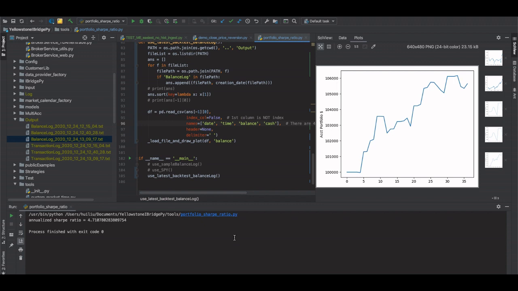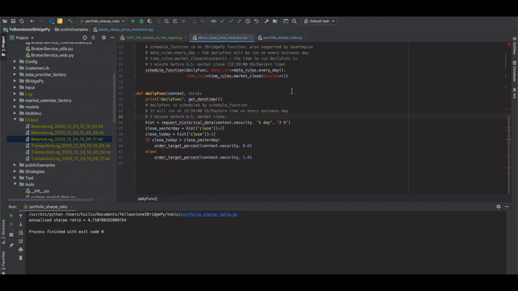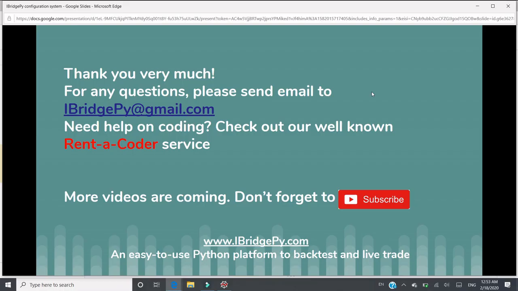Oh, it's pretty good. And in this simulation, in this tool, we also print out the Sharpe ratio. And we have an introduction about the Sharpe ratio in our tutorial, so you can check it out there. And this is the demo for backtesting.